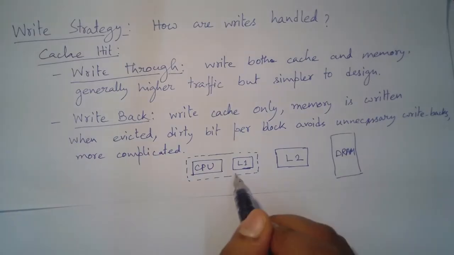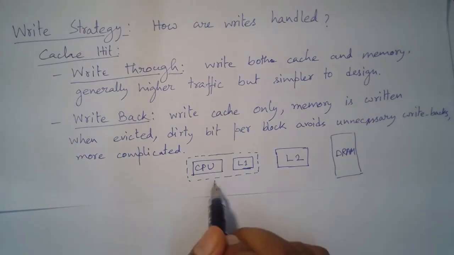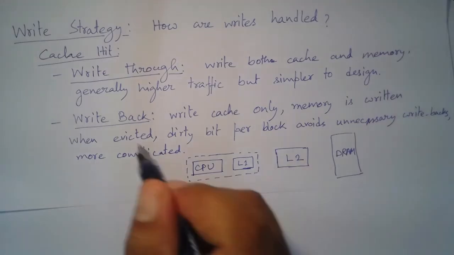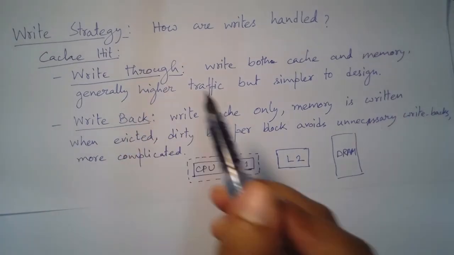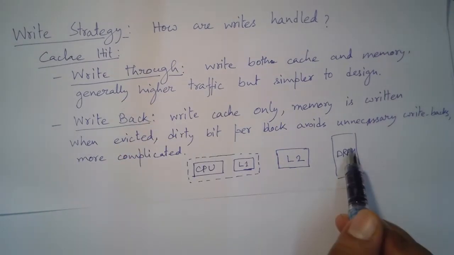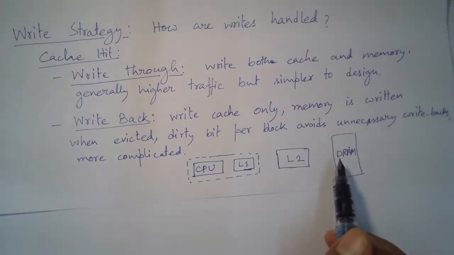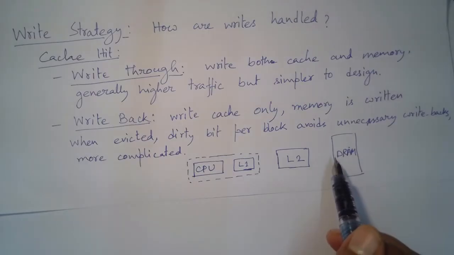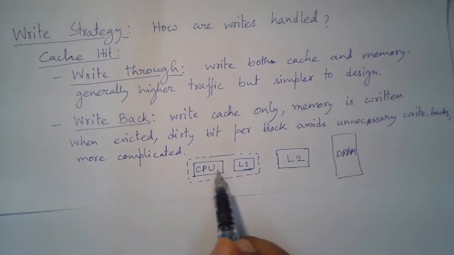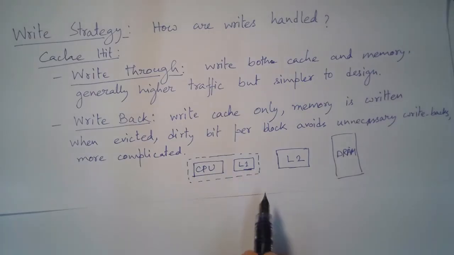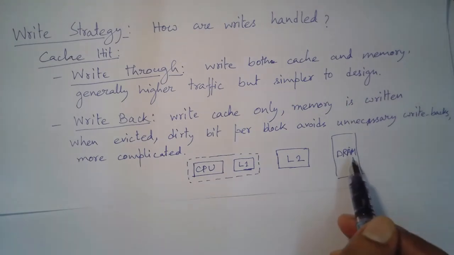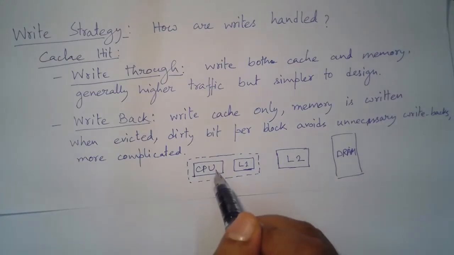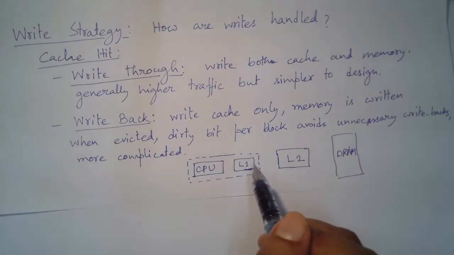Why do you want to do that? Because write through means you have to update the main memory, and updating main memory requires time. And since this is very highly integrated, with a write through strategy you have to stall your process until the data is written, so your CPU performance will be significantly affected.